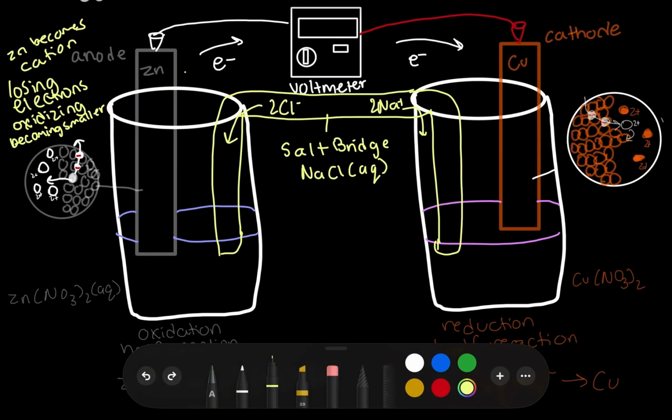Now, we can see the flow of electrons moving from the anode through the voltmeter and to the cathode. Now, the cathode is the one gaining electrons. And if it's gaining electrons, it's going through reduction. And if it's going through reduction, we know it's gaining electrons. So it's becoming bigger. And more negatively charged.